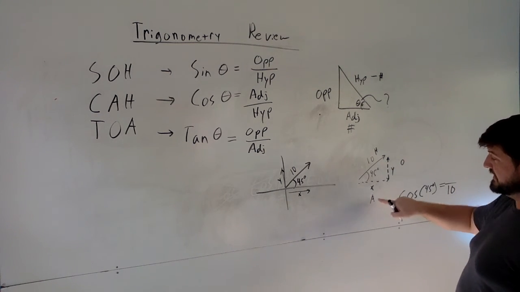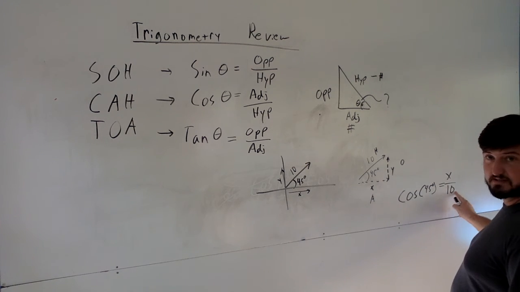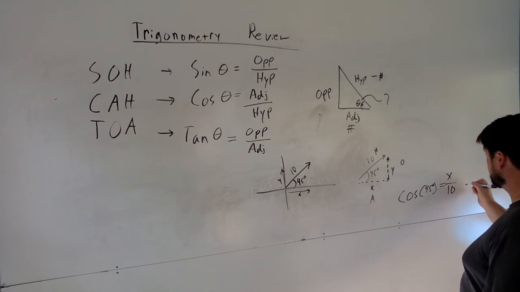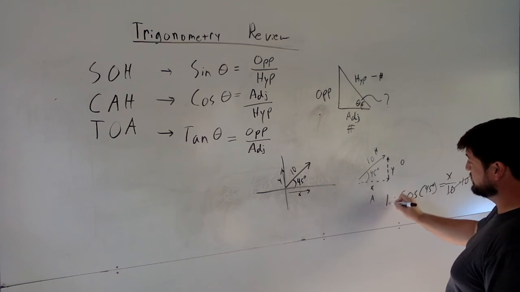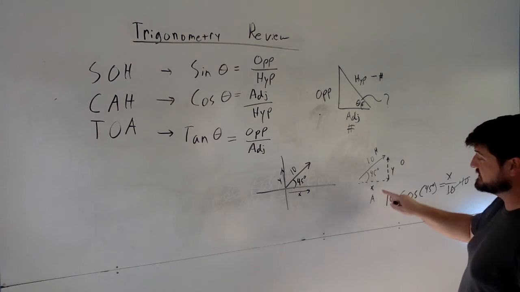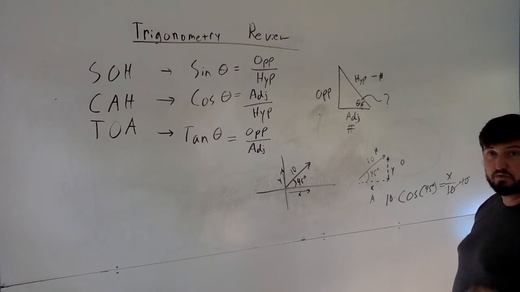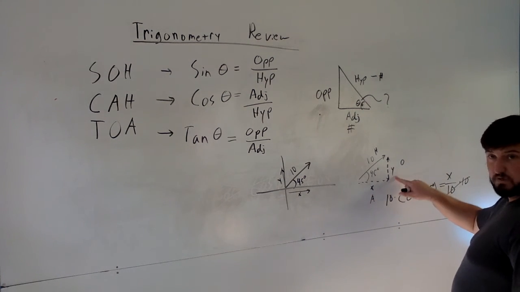My adjacent is my x, that's the one I wanted to find out. So if I have to solve for x, all I have to do is bump the 10 over. 10's on the bottom, got to get it off of that side. What you do to one side, you do to the other. So 10 times cosine of 45 will actually get you the x component, or the x vector, for this resultant vector.